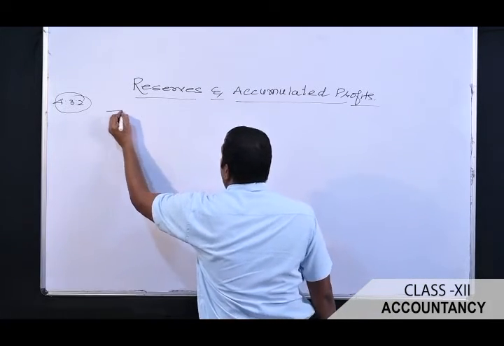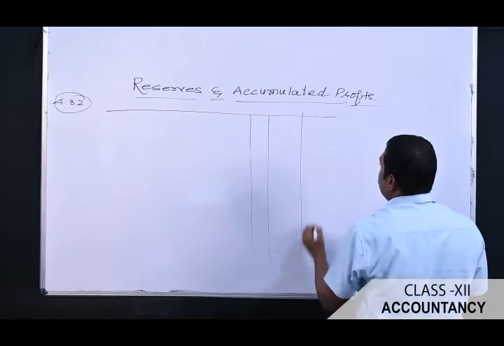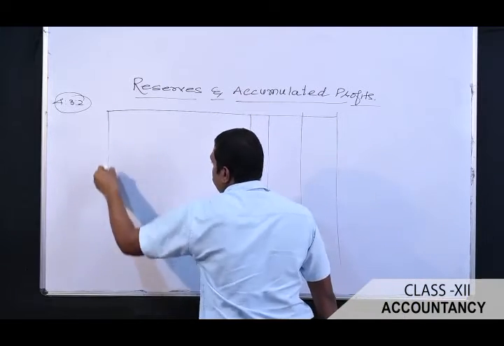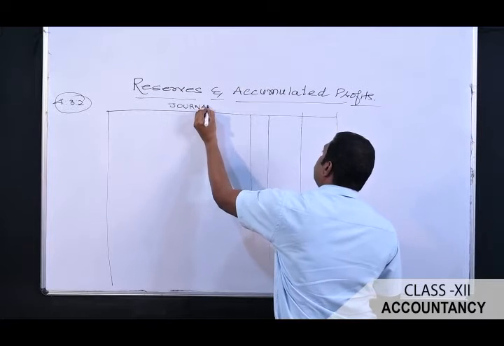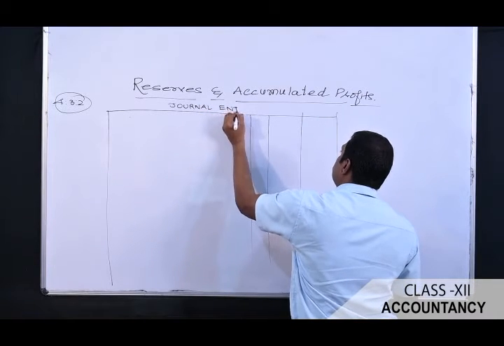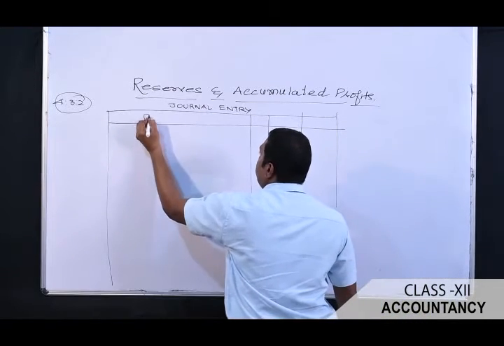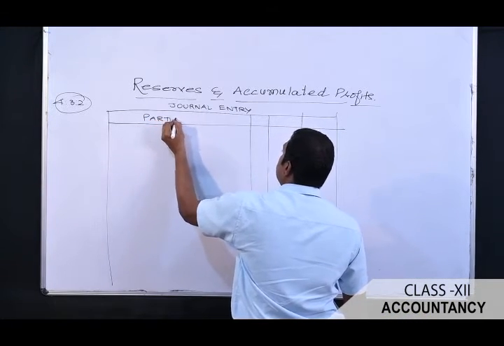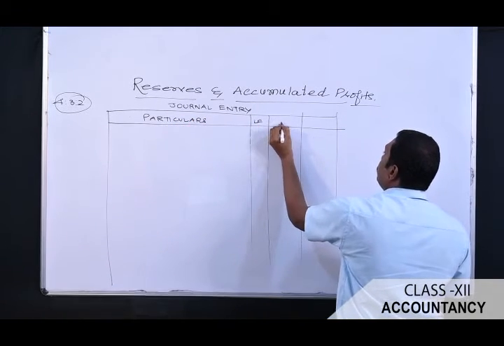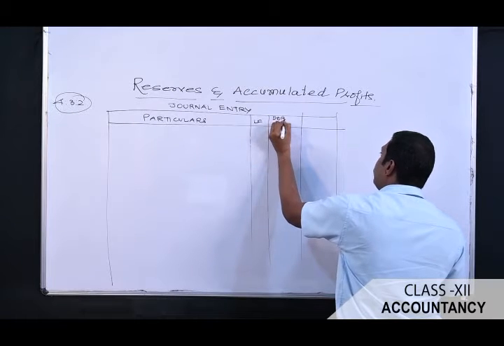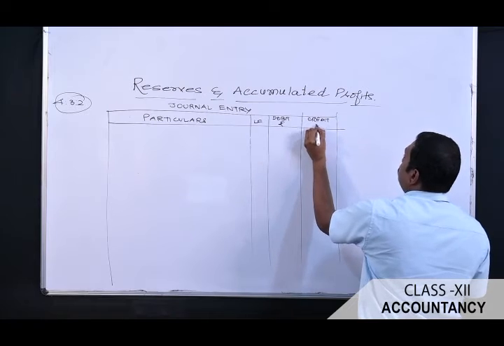Now, we have to prepare the journal entry. Journal entry: Particulars, Ledger folio, Debit, Credit.